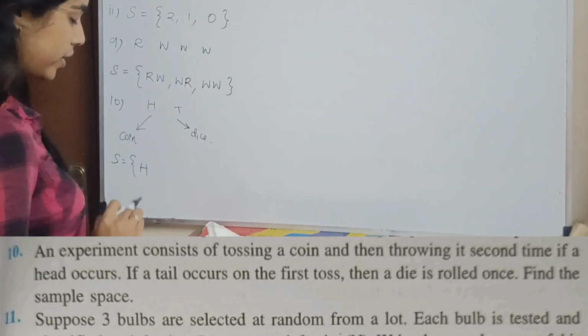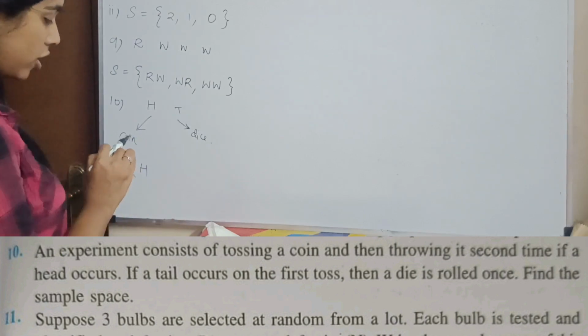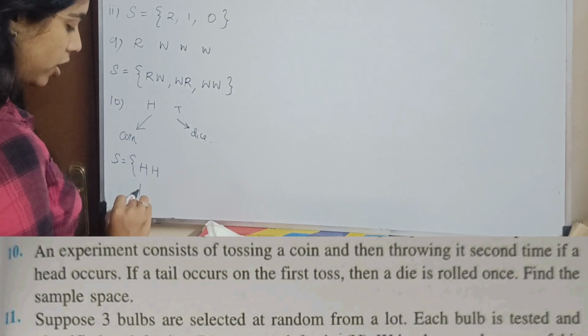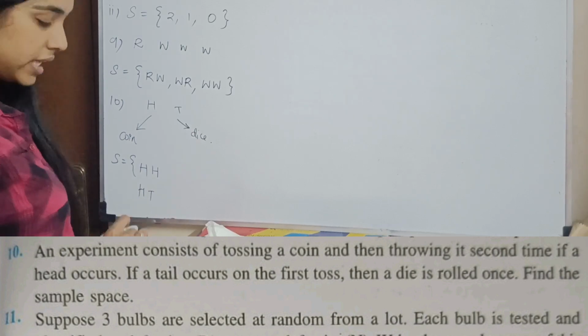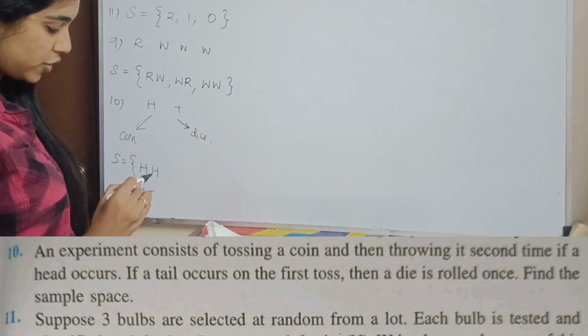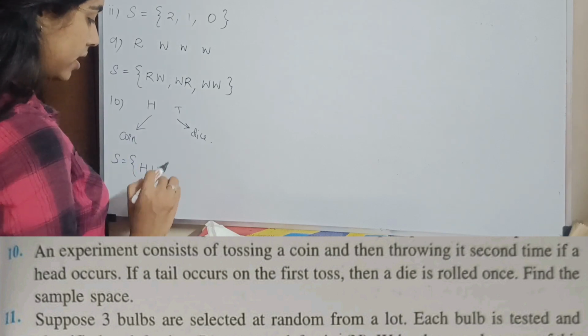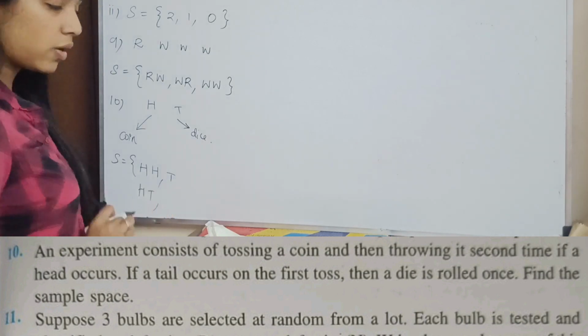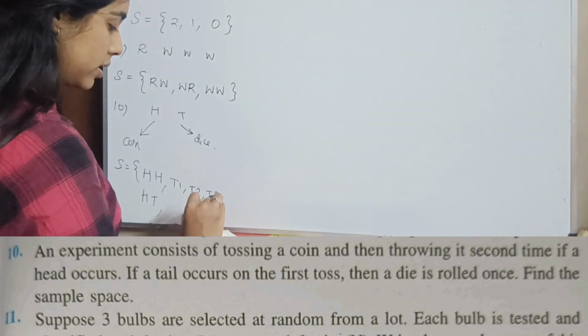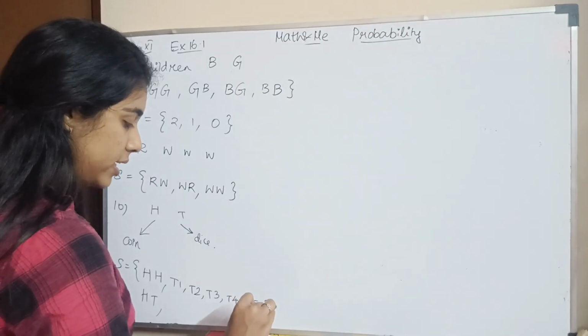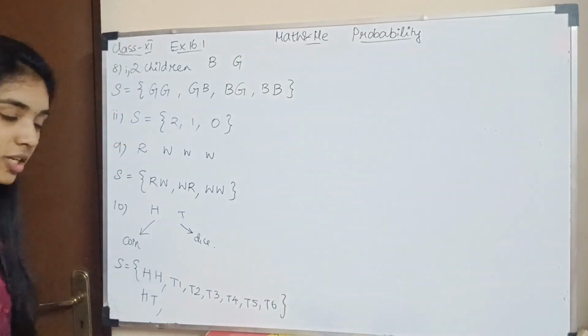When you toss a coin and get head, you toss again, and you can get a head or a tail. If your first toss is a head, you can get a head or a tail in the second toss. Now if tails comes, T1, T2, T3, T4, T5 and T6. So these are your possible outcomes.